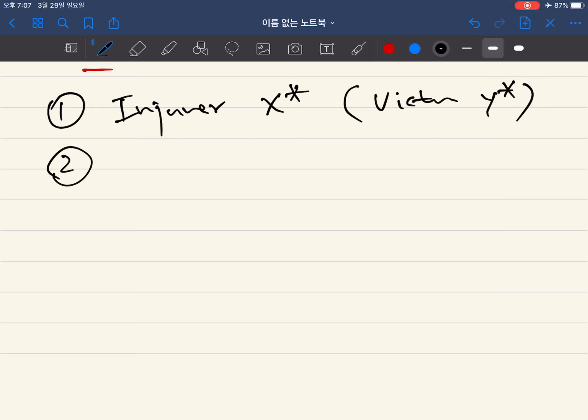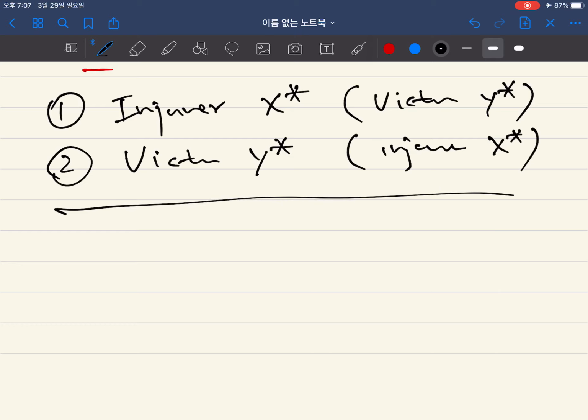And second, you have to show the victim wants to choose Y star as long as the injurer is choosing X star. So let's begin with number 1. We want to show whether the injurer wants to choose X star when the victim is choosing Y star. So under the negligence rule, remember, Y is equal to Y star here.